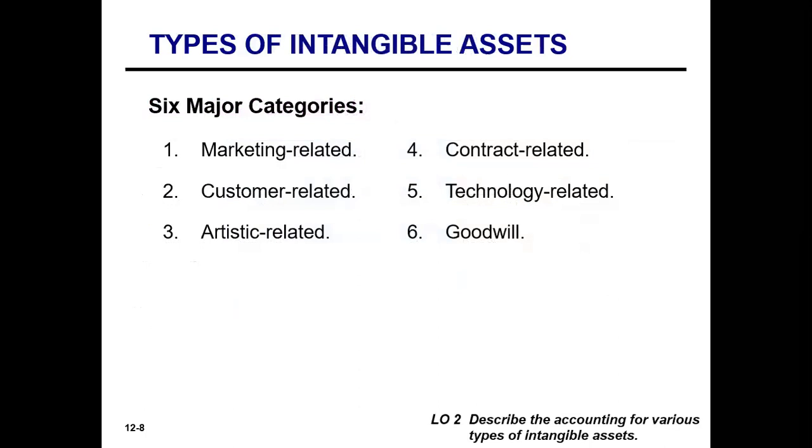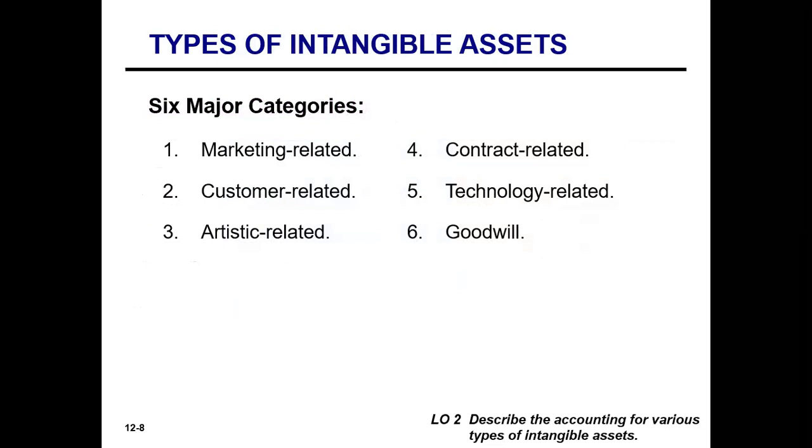So 6 major categories. And again, the next few slides are going to walk us through each of these. Marketing related intangibles, things like trademarks, trade names, internet domain names, non-competition agreements. Customer related intangible assets include customer lists, order or production logs, backlogs, contractual and non-contractual customer relationships.